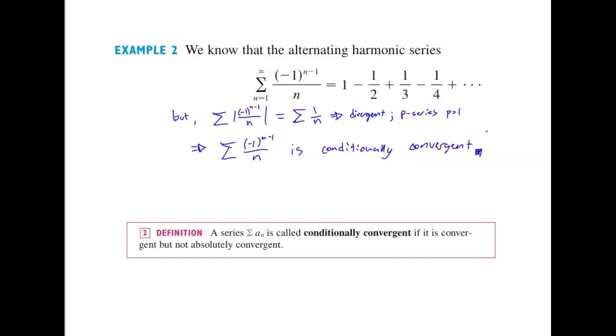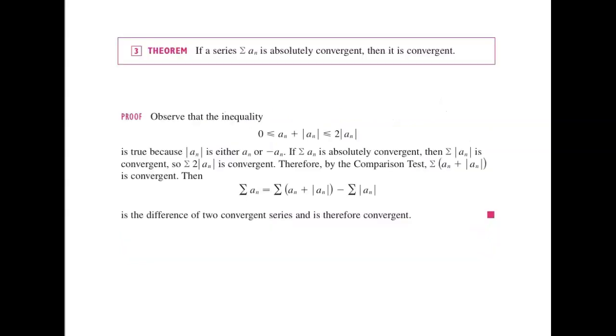Good. So absolute convergence and conditional convergence have some properties that are pretty interesting. Specifically, conditionally convergent is very strange, and we'll get to that at the end. But the reason we want this is that if a series is absolutely convergent, then it's also convergent.